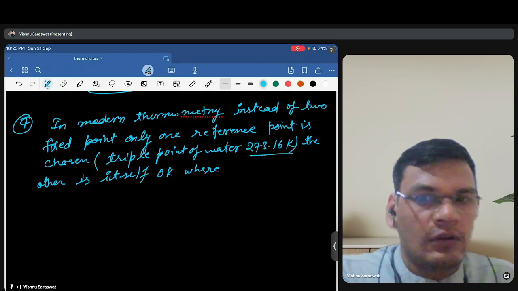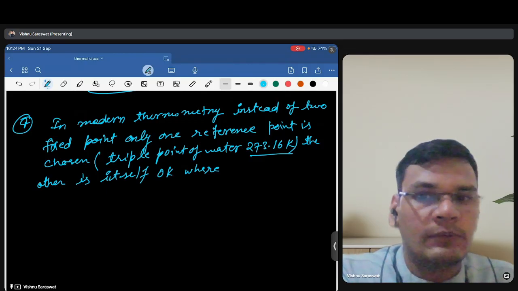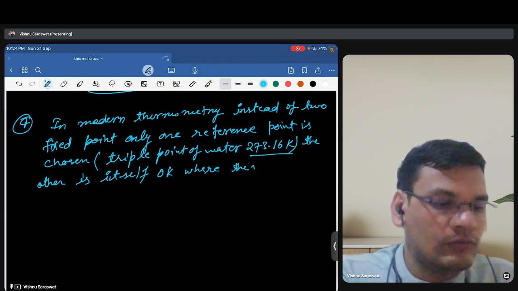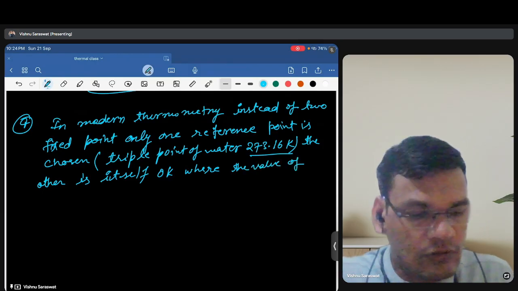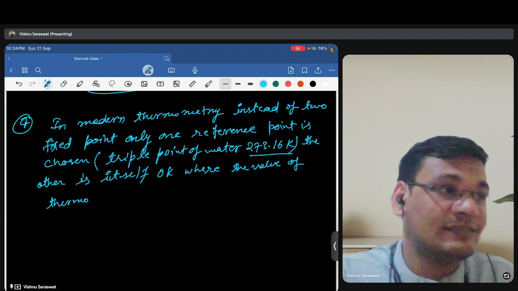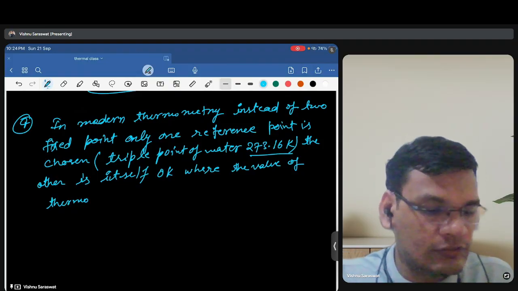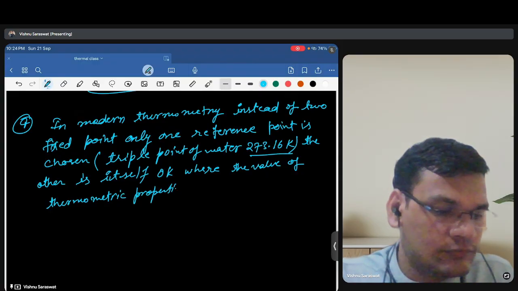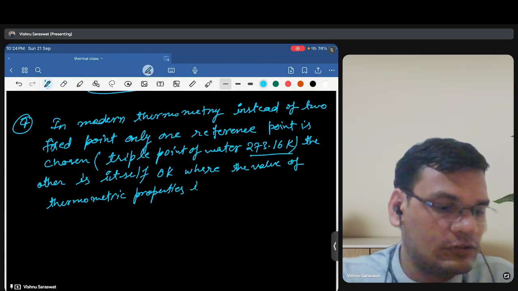The other is 0 Kelvin itself, where the value of the thermometric property is assumed to be zero.